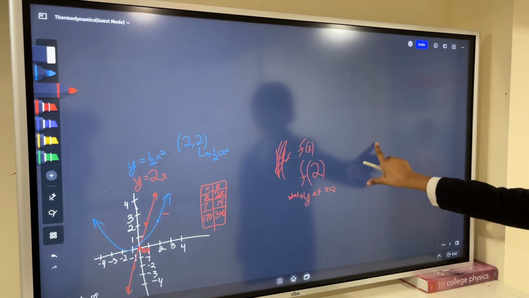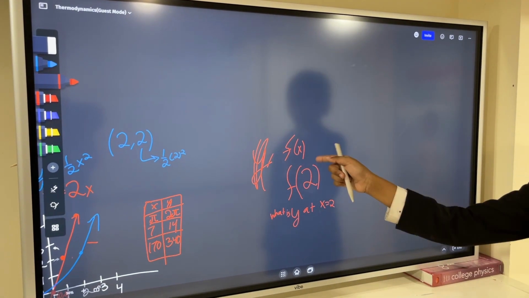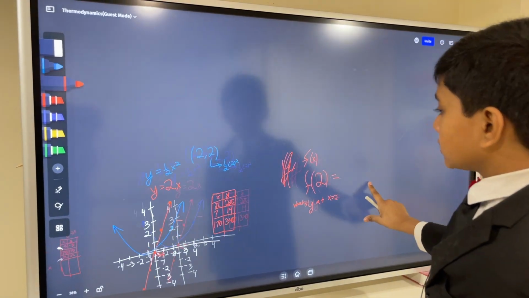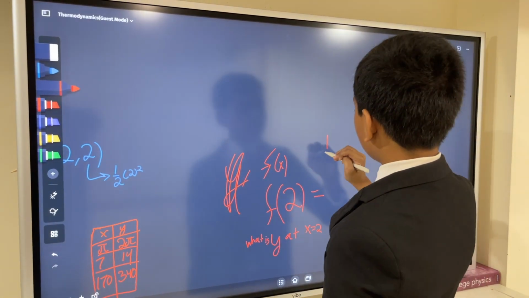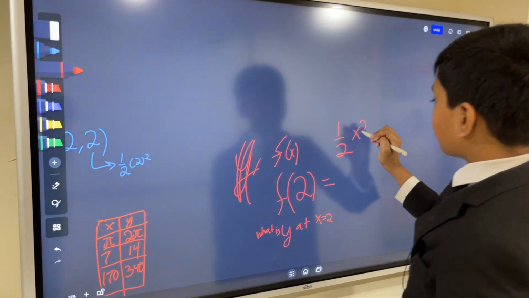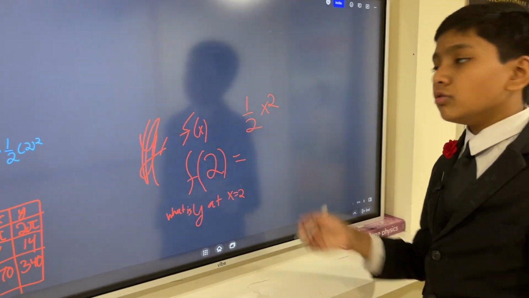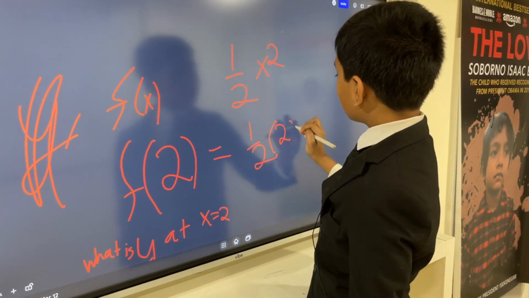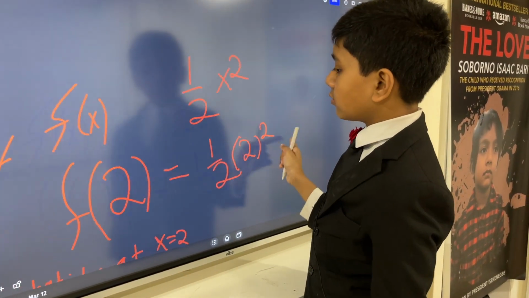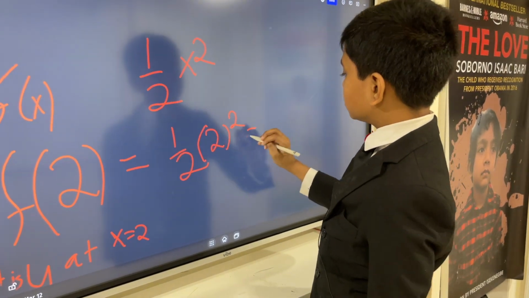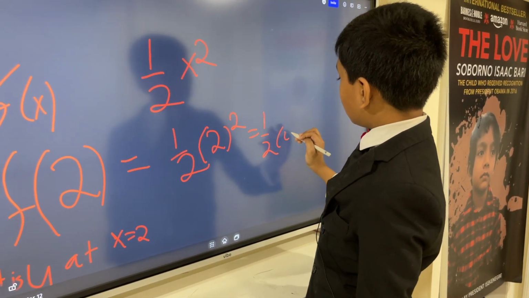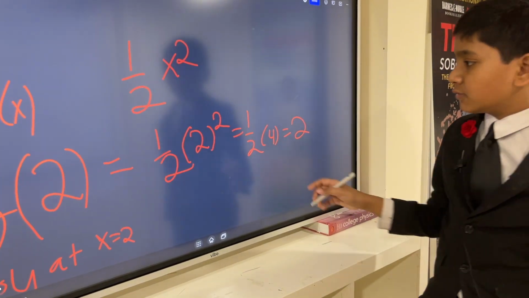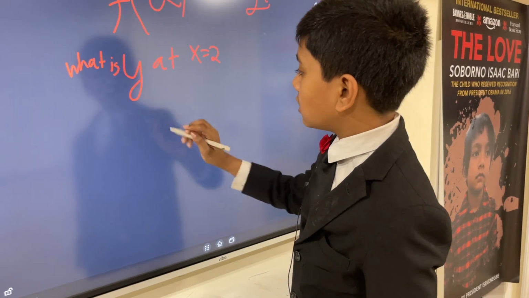We just substitute in the number that x is into f of x. So f of 2 in that one weird function, 1/2 x squared, would be 1/2 times 2 squared. You would just plug in x equals 2. Now this might seem confusing, so watch the video a few times if you don't understand this at first.